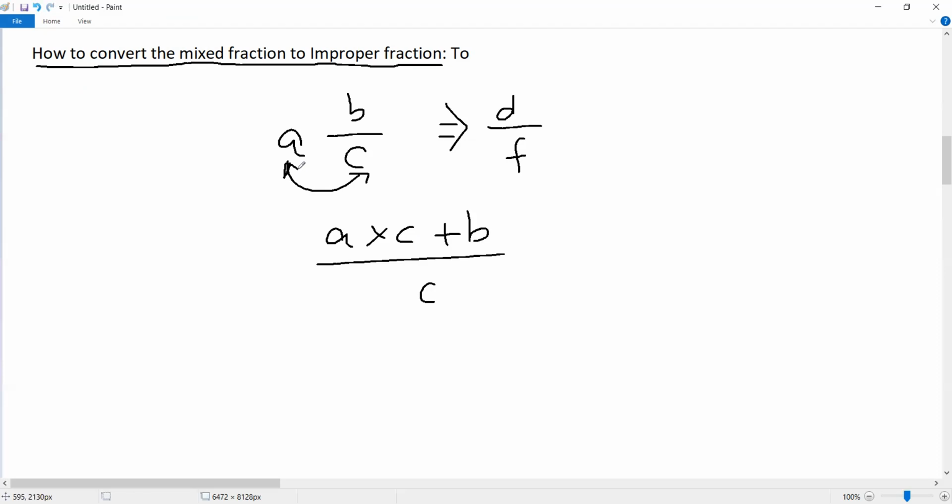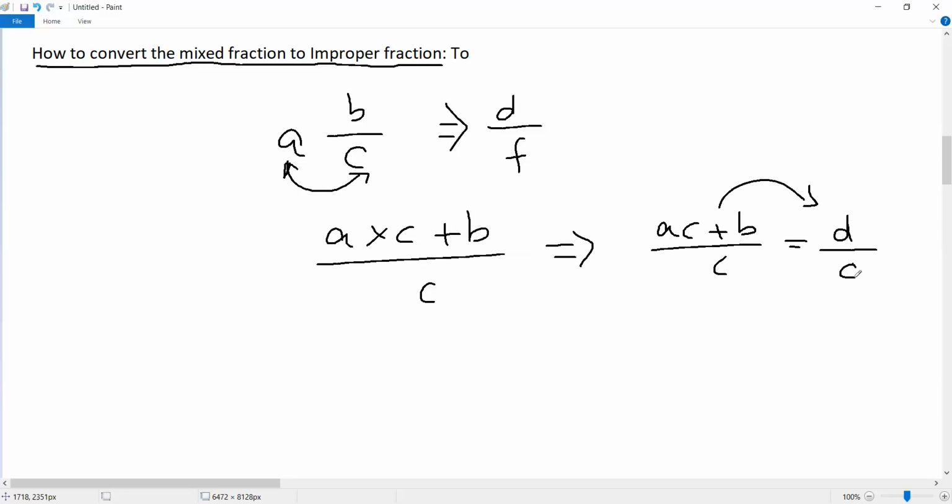When you sum it, your answer will be in the form ac plus b over c. So basically this will give you some one number. Let me call that d. When they add up, they will give you a number d, and d over c will be your improper fraction. You got it?